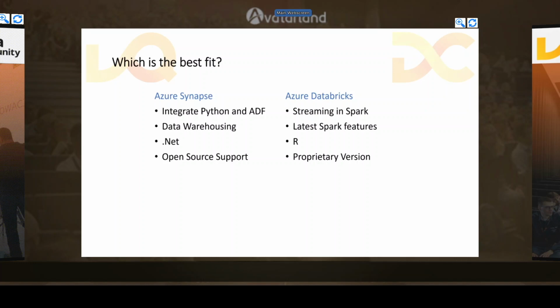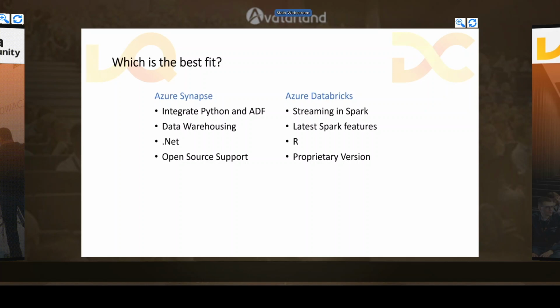So one of the things that Databricks does, I don't really have a demo for this, but Azure Databricks provides a better Spark streaming environment using integration with Kafka. If you are doing streaming and looking at the two different products, you'll probably find that streaming works out better from within Databricks. Databricks does have the latest Spark features. They're much faster at incorporating the two elements.